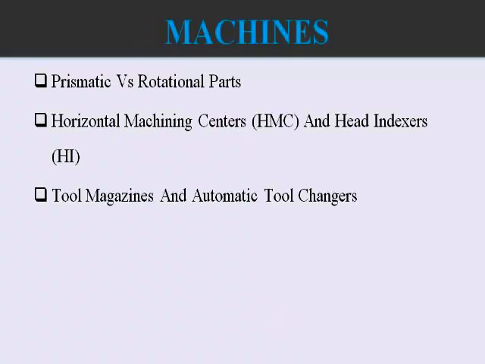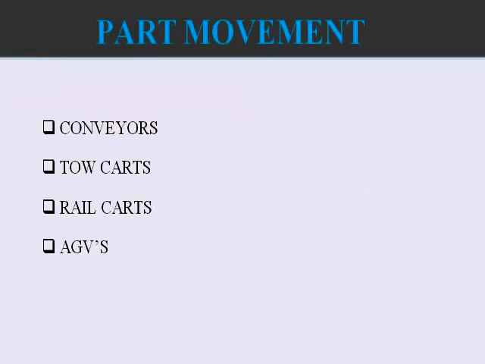Machines can produce prismatic parts or rotational parts, with horizontal machining centers, head indexers, tool magazines and automatic tool changers, and part movement is done by conveyors, tow cars, rail cars, AGVs, RGVs, etc.